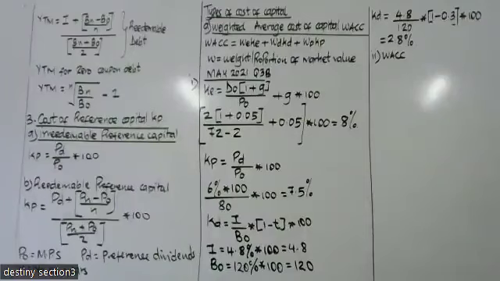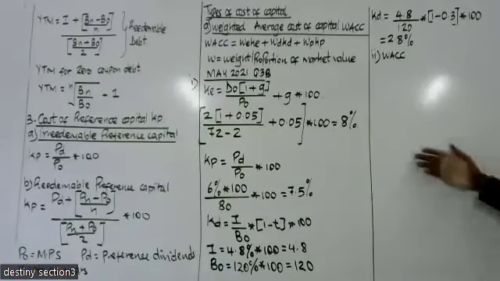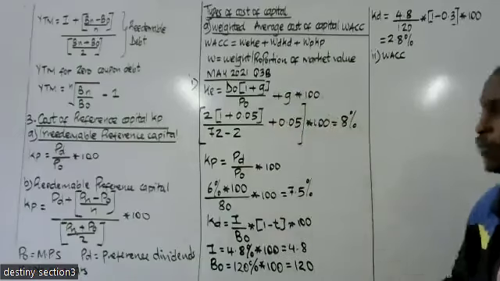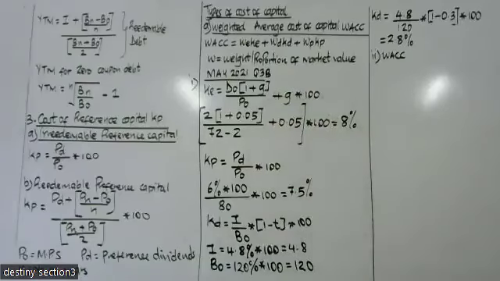Because flotation cost is only incurred when you issue new securities. But WACC is historical. So when you're calculating the component cost, the cost of equity, the cost of preference shares, and the cost of debt, remember, do not use flotation cost for WACC.